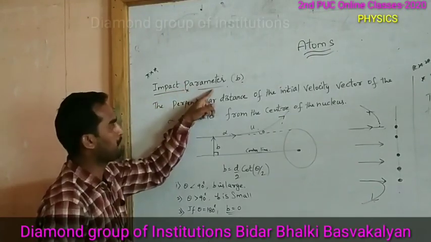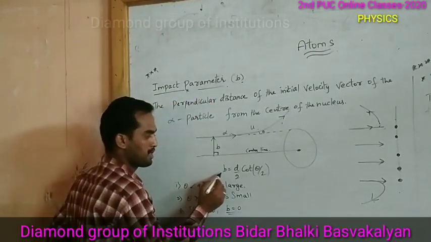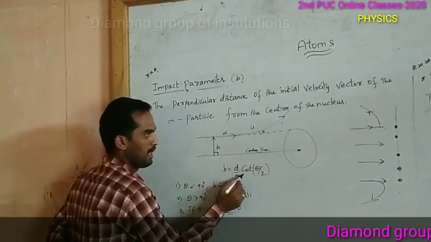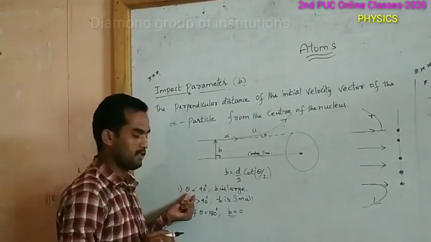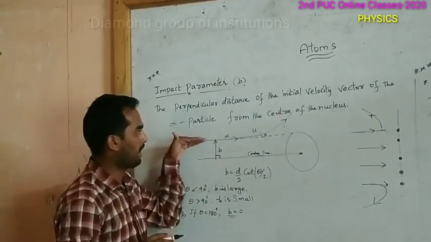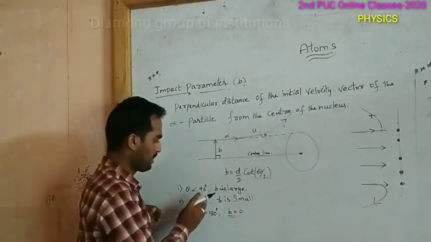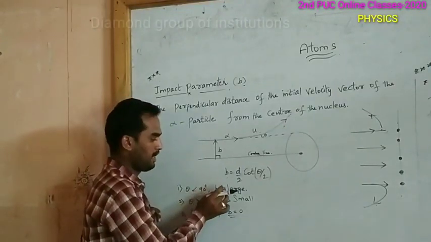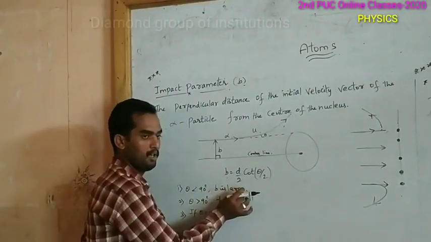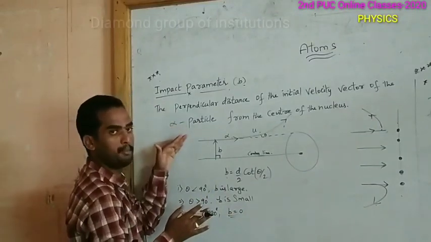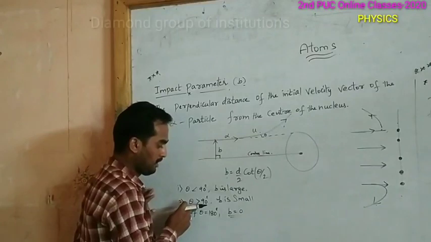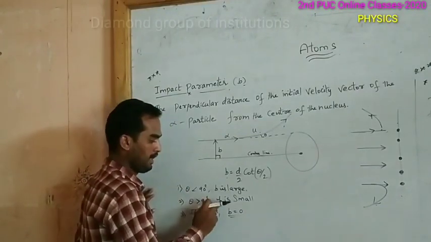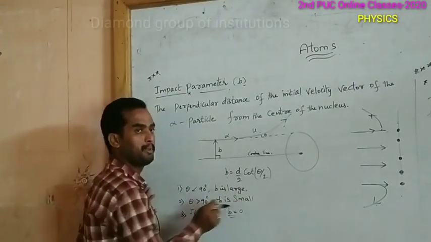To calculate the impact parameter, the mathematical expression is b = (d/2) cot(theta/2). If the scattering angle is less than 90 degrees, then b is large. If the angle of scattering is greater than 90 degrees, then the impact parameter will be small.